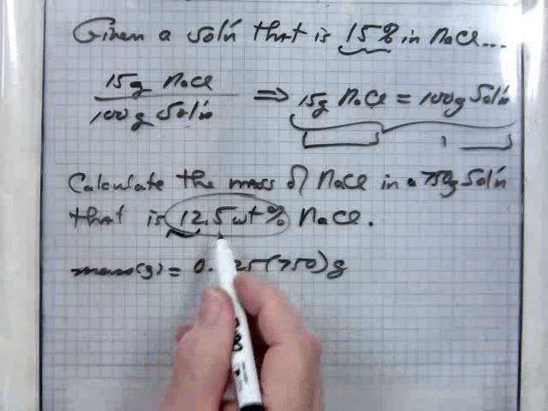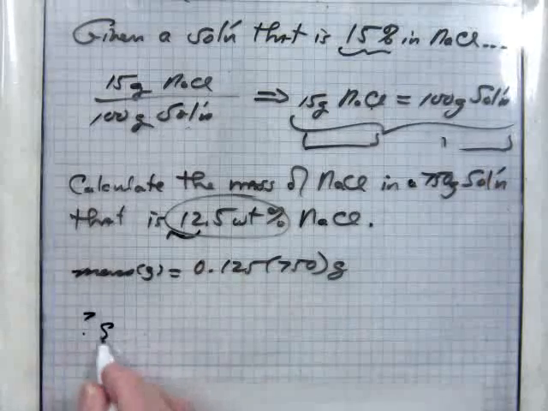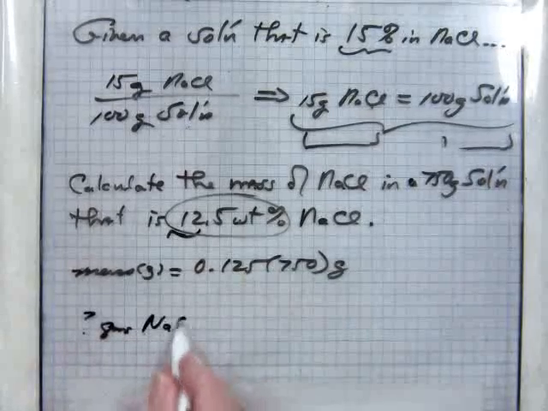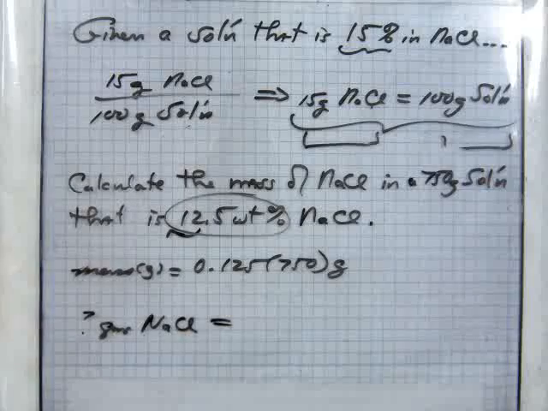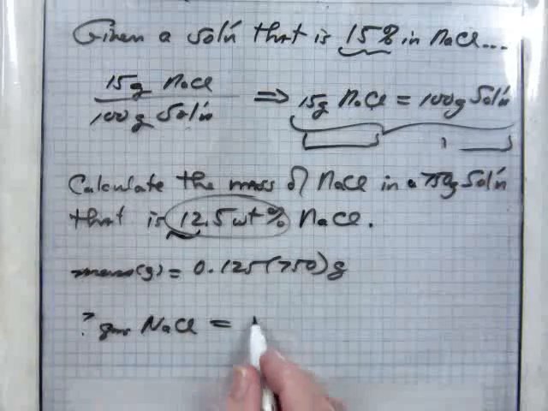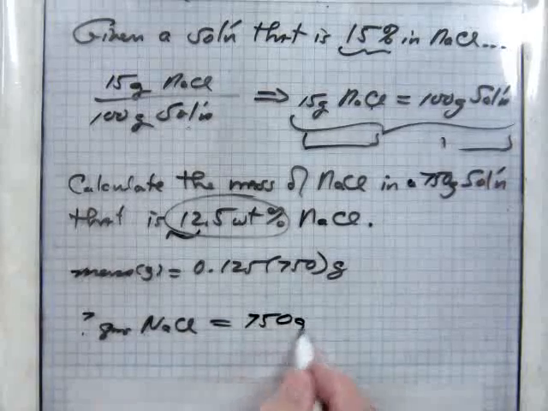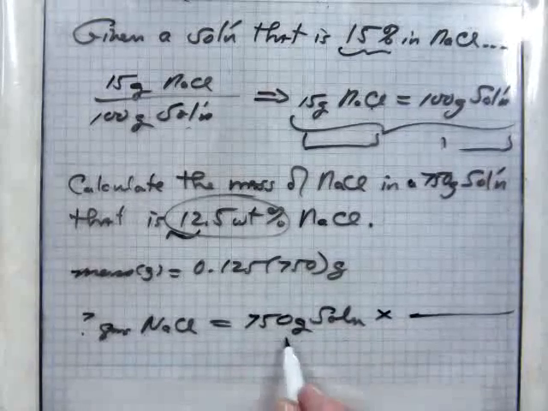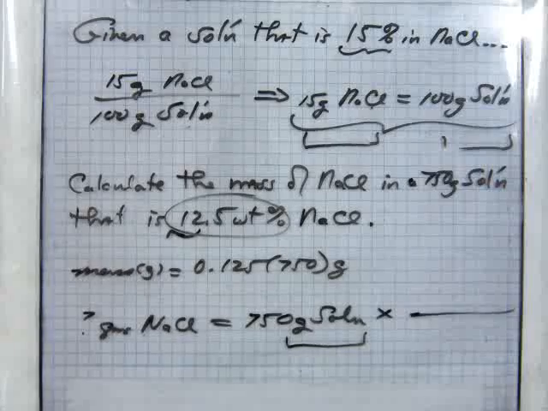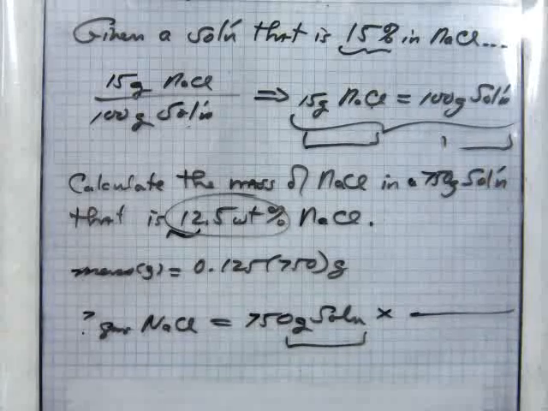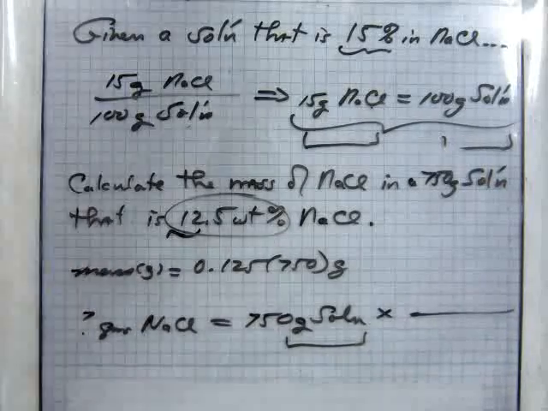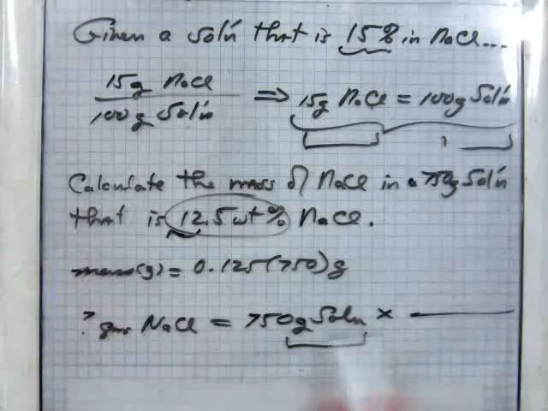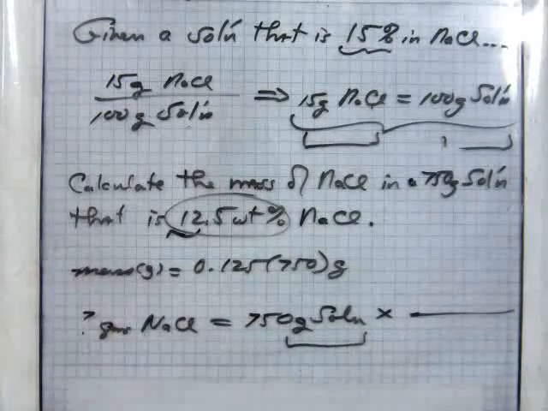But what you should do is ask how many grams of NaCl is equal to something in that system. Well, you've given 750 grams of solution. So you need to get rid of the dimension grams of solution. It's like 750 inches, and you want to go to feet. So just what I showed you earlier, this now becomes a simple conversion.